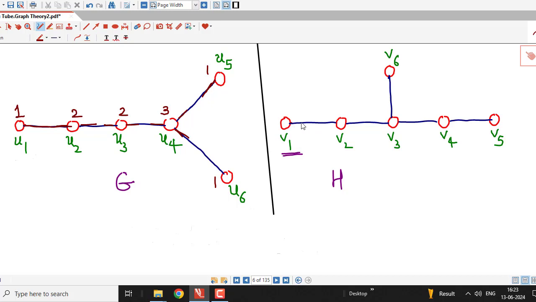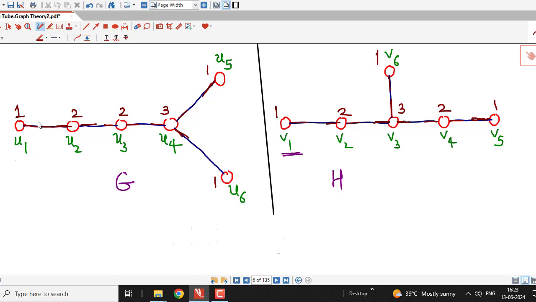Here degree of v1 is 1, degree of v2 is 2, degree of v3 is 3. There are 3 edges meeting at v3, and there are 2 edges meeting at v4, therefore degree of v4 is 2. And there is only one edge incident with v5, therefore degree of v5 is 1. And same thing for v6.